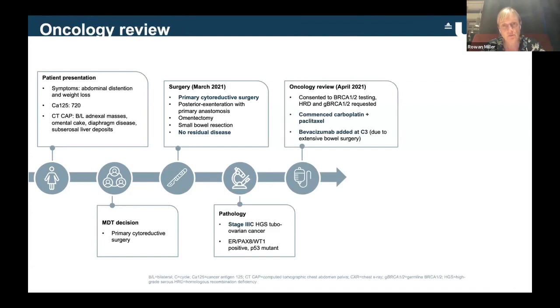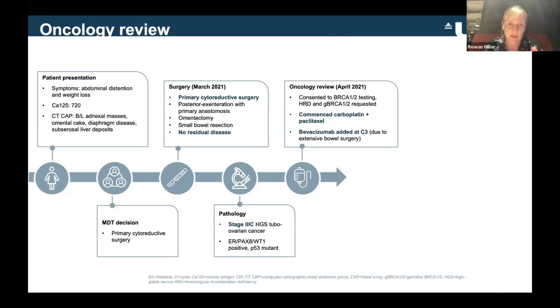She came to see us, we consented her for BRCA testing, requested HRD testing, and commenced carboplatin and paclitaxel. One of the slight nuances now that we have the availability of the bevacizumab and olaparib combination for HRD is that within the confines, certainly in England, of the Cancer Drugs Fund, we can start bevacizumab with the chemotherapy pending the HRD result, because we don't want the patients to miss out on the opportunity of having the combination.